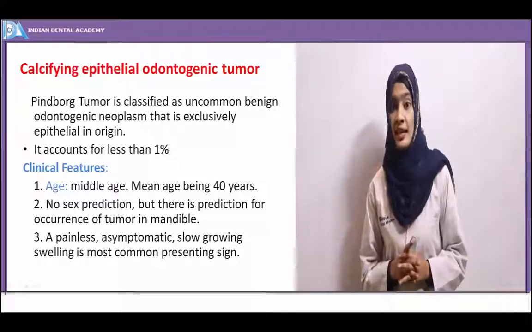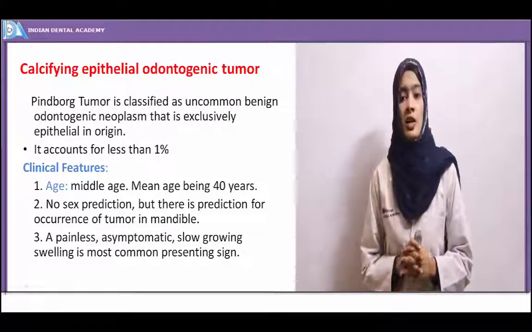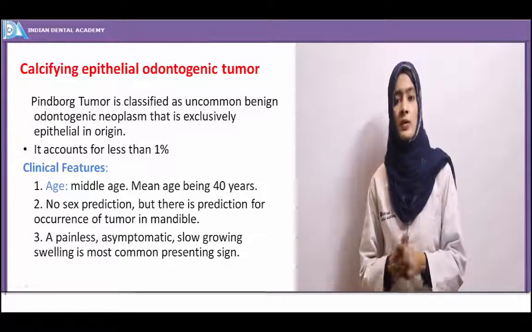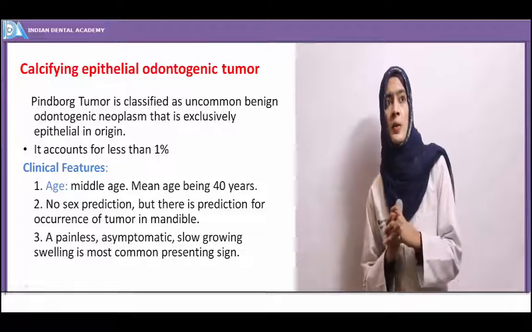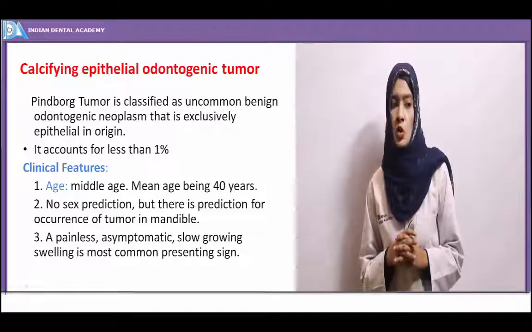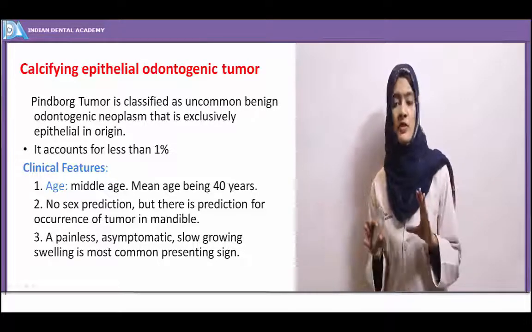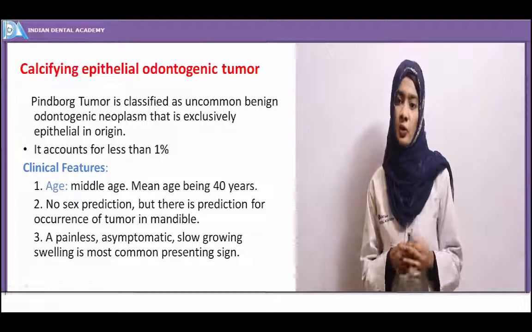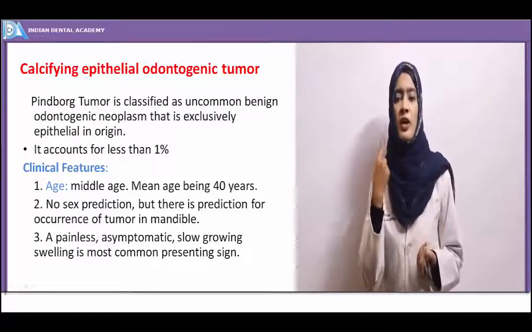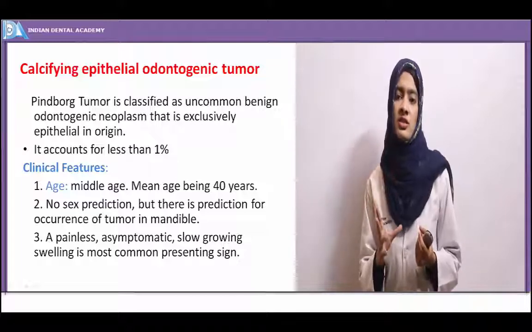So we'll see what the characteristic clinical features are. This Pindborg tumor appears in middle-aged individuals, about 30 years of age, the mean age being 40 years, and there is no sex predilection, so it occurs equally in both males and females. And again, as with odontogenic tumors, there is a predilection for occurrence in the mandible, most commonly the molar region and the ramus region.